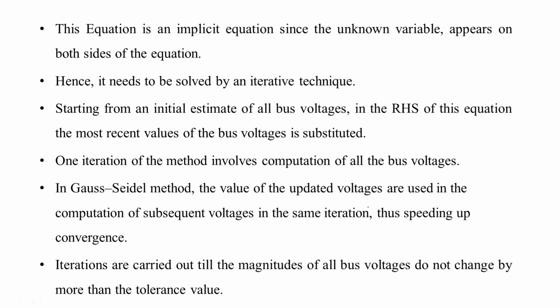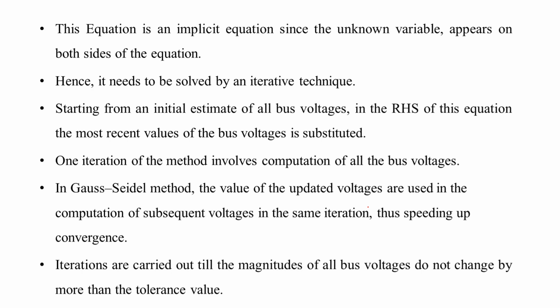The main point is that this has to be solved iteratively, and one iteration involves computation of all the bus voltages. In this method, the latest computed voltage values are used in the computations of voltages within the same iteration, speeding up convergence.